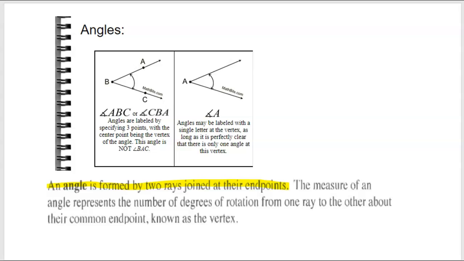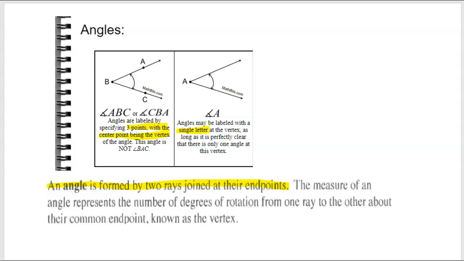Okay. Now, for angles, we can label them in two ways. We can either label them with a single letter, so angle A would be this picture right here, or we can name them with 3 points, with the center point being the vertex. Okay, so the reason why we want to do this is because sometimes we don't know what angle we're talking about.